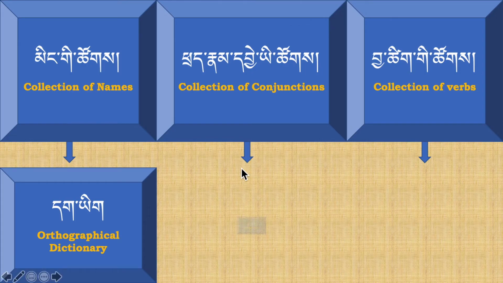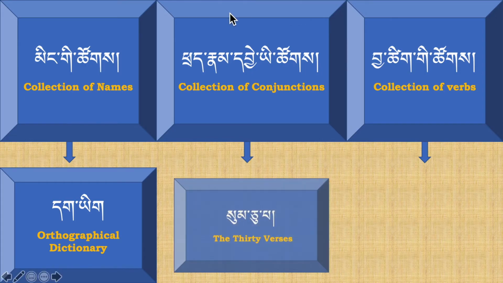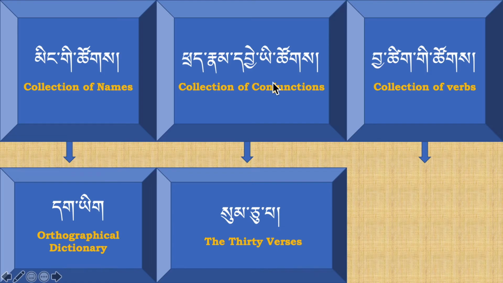The second: in order to improve our collection of conjunctions, we have to learn Sumjupa, the 30 verses. These are like the grammar books. There is also a book called Lekshe Jengwa, which later we're going to introduce.